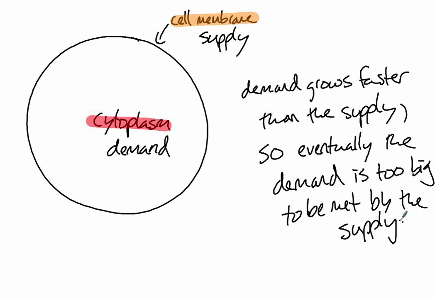So that's one explanation, and it's just supply and demand. If your demand is growing faster than your supply, eventually you're going to stall out. Eventually that cell would not be able to keep up.